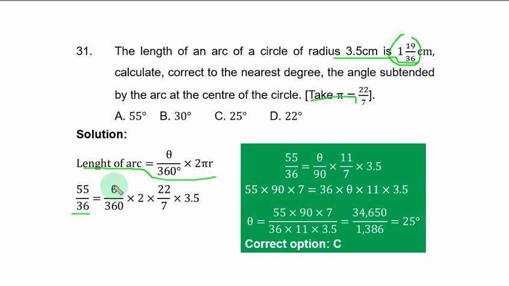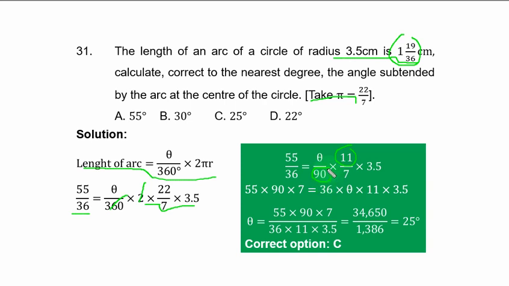The angle is unknown, over 360, times 2 times pi times radius 3.5. If you reduce 2 and 360, you have 180. If you divide 180 and 22 by 2, you have 11 remaining there, and here is 90.